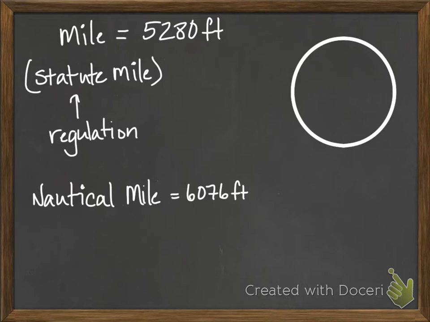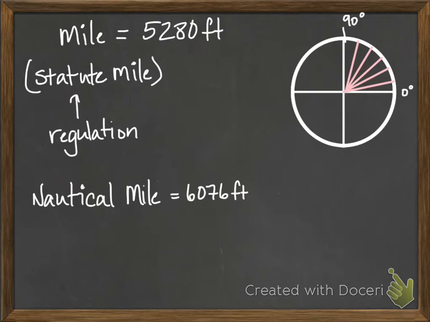So if this is the equator, so that's the middle of the Earth, and this is just your vertical, like from the North Pole to the South Pole, then if we go along and we divide this up, so you have like 1 degree, 2 degrees, and so on. From the equator all the way to the top, that's 90 degrees, right? If this is 0 degrees, by the time you get up to here, this is 90 degrees.